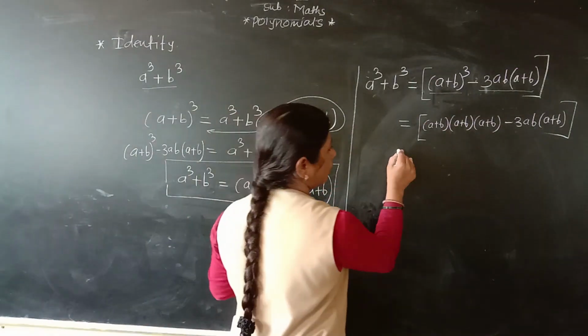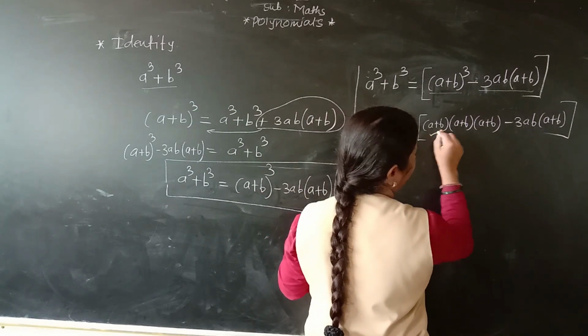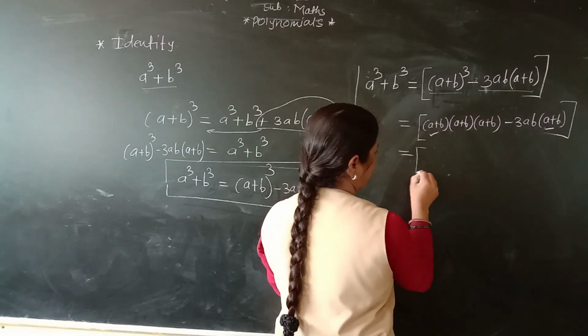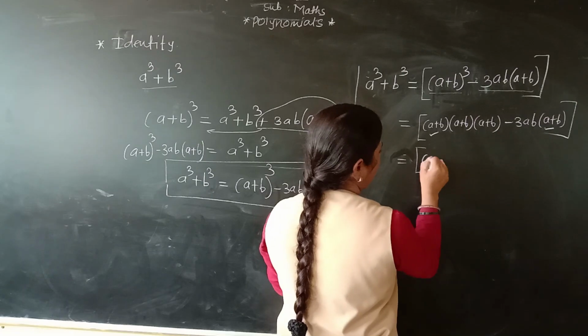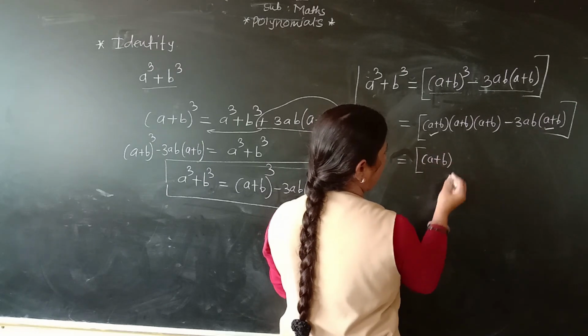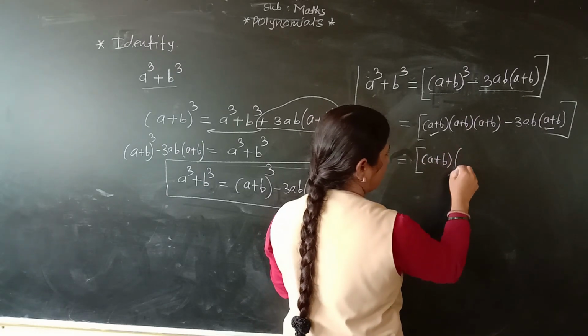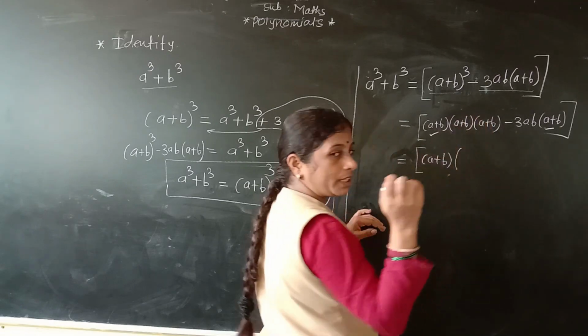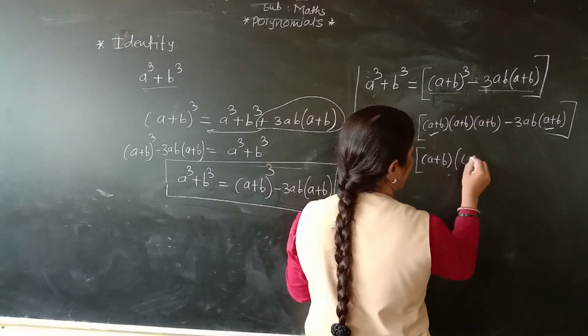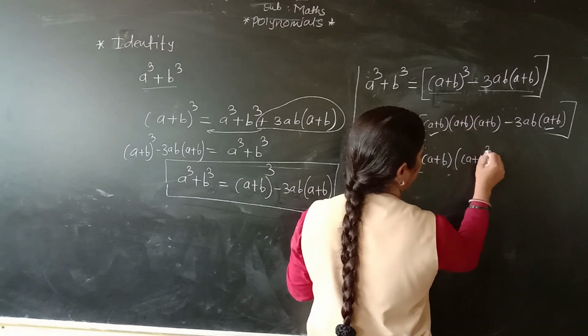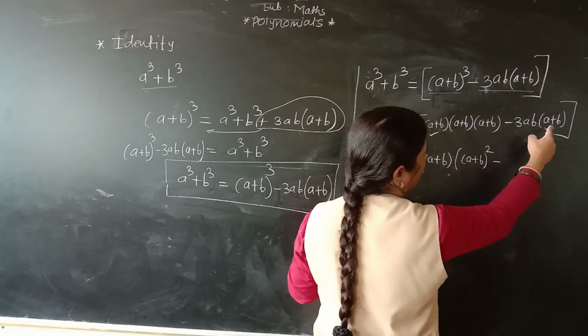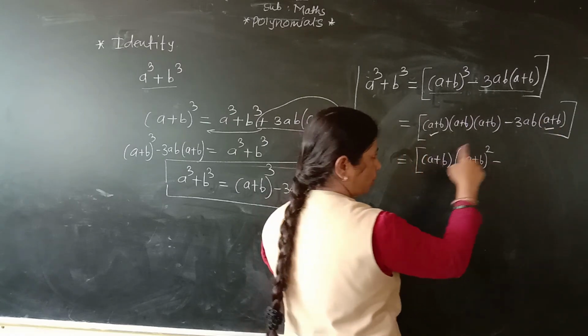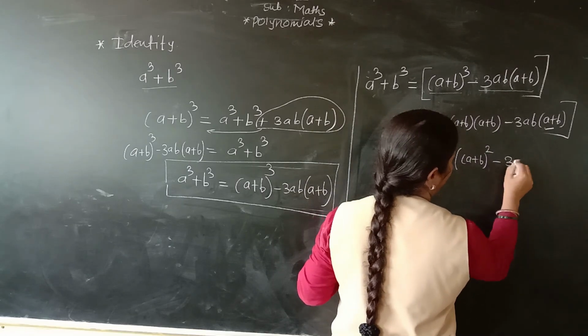Now we can take one of the a plus b as the common factor. If you take a plus b common, what is inside? a plus b 2 times. So you will get (a plus b) bracket square minus, since a plus b is already out, the remaining 3ab.